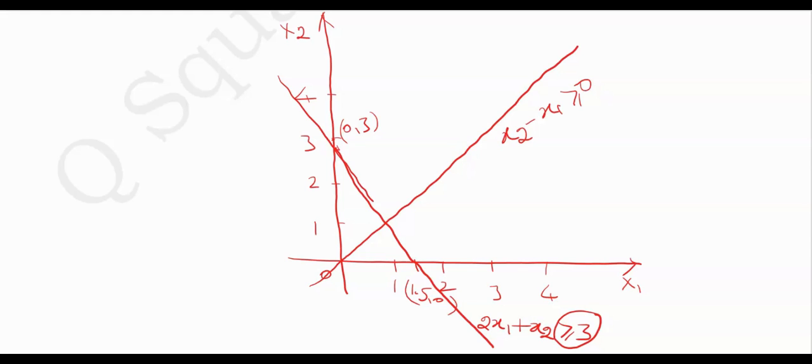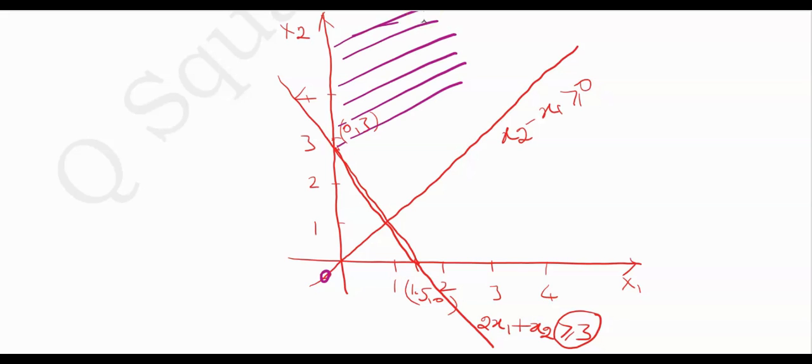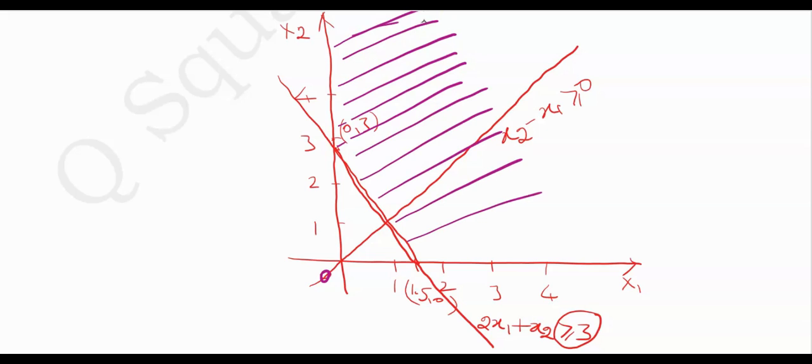So this is the line, origin is here, so opposite direction is here. So this is the shaded region for the first constraint 2x1 plus x2 greater than or equal to 3.